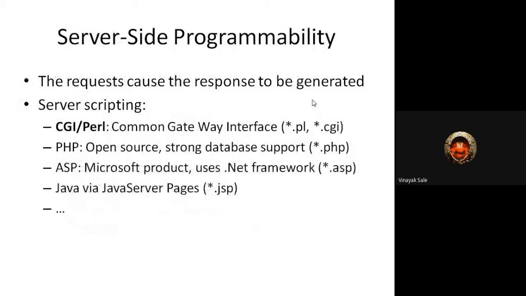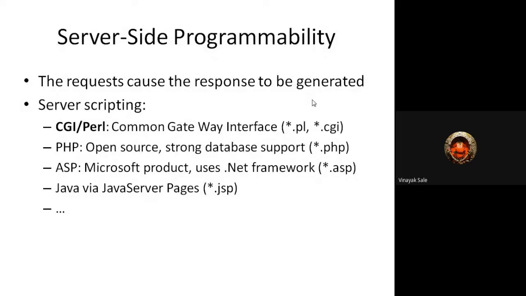Then server-side programmability, where a request causes the response to be generated. Server-side scripting includes CGI or Perl, where CGI is Common Gateway Interface. The extension is .pl for Perl and .cgi for Common Gateway Interface.